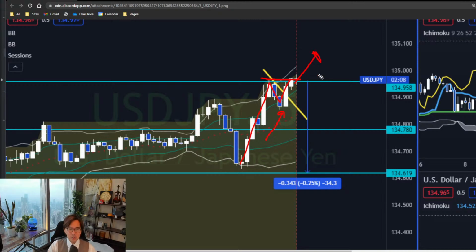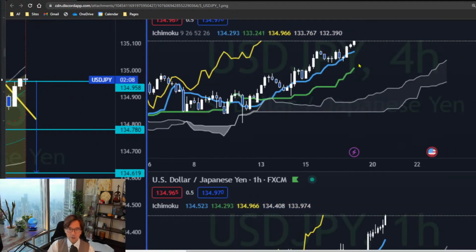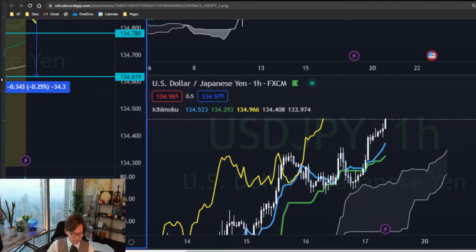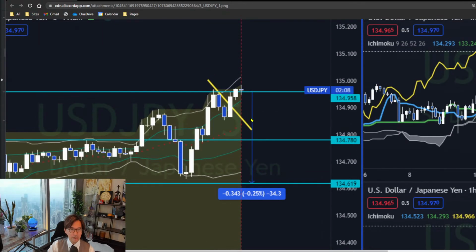And so again, I was seeing that the 4-hour was bullish. So 4-hour chart, the trend was bullish this way, and also 1-hour trend was also bullish based on Ichimoku, and also my strategy KTS. So I took an entry here on M5.